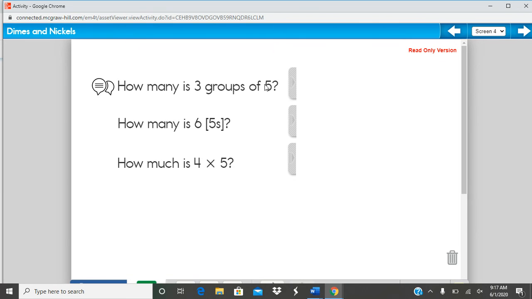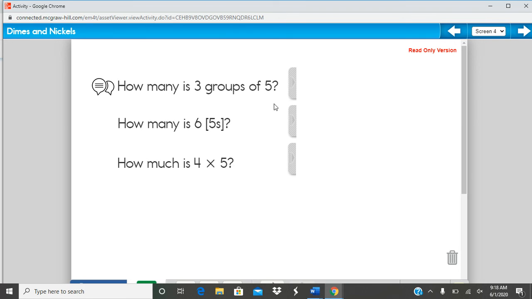Now, what you're going to see here is they started off with writing it out this way. 3 groups of 5. Then they said 6 fives, and then they said 4 times 5. Now, 3 groups of 5 would be the same as 3 fives and 3 times 5. 6 groups of 5 would be the same as 6 fives and 6 times 5.